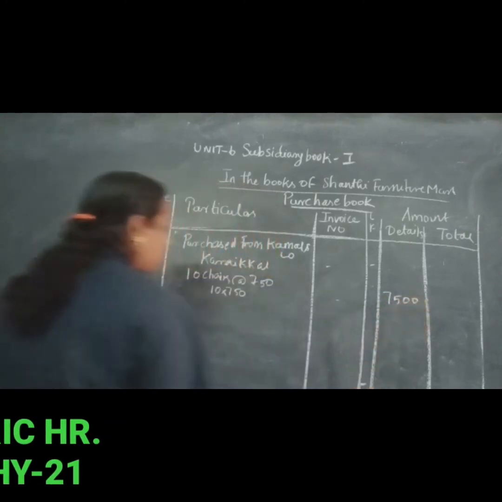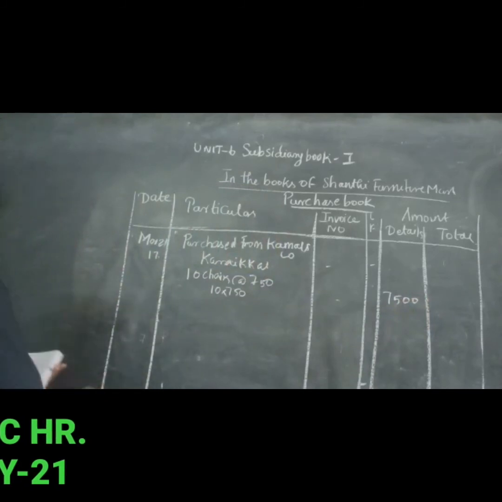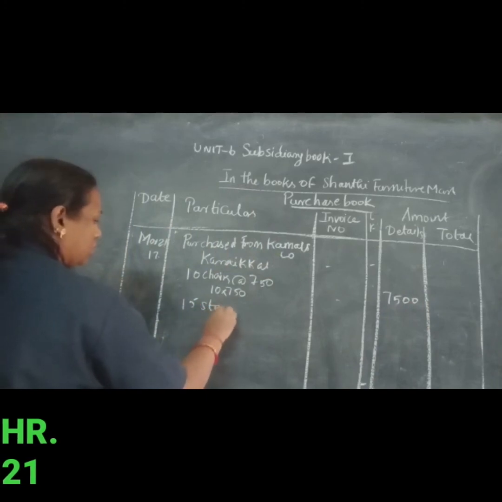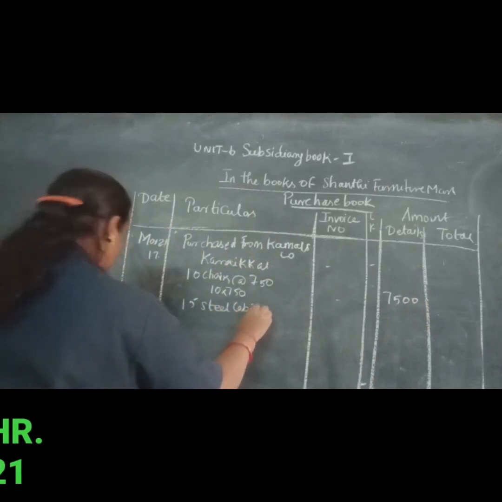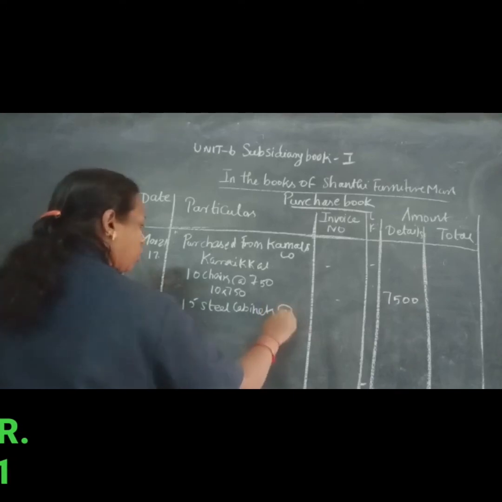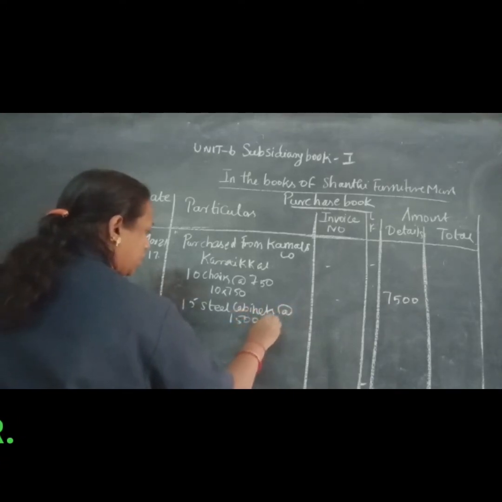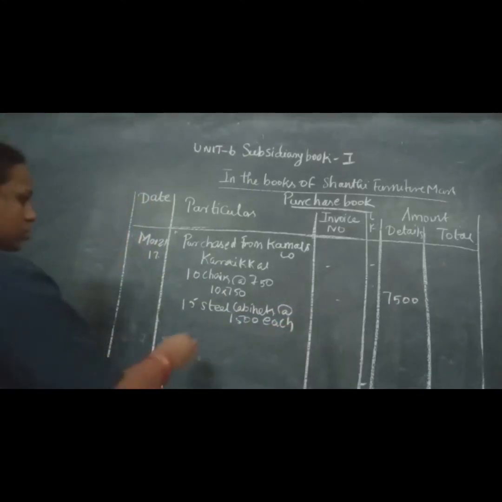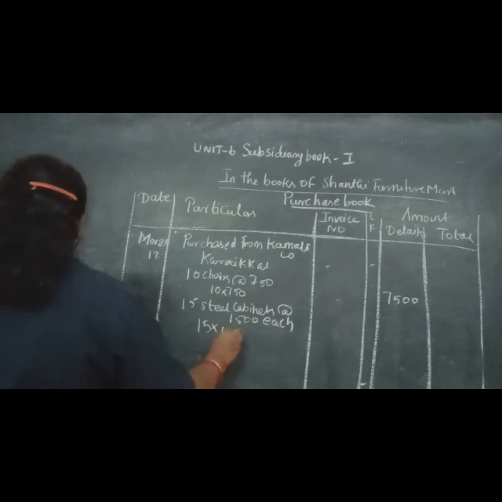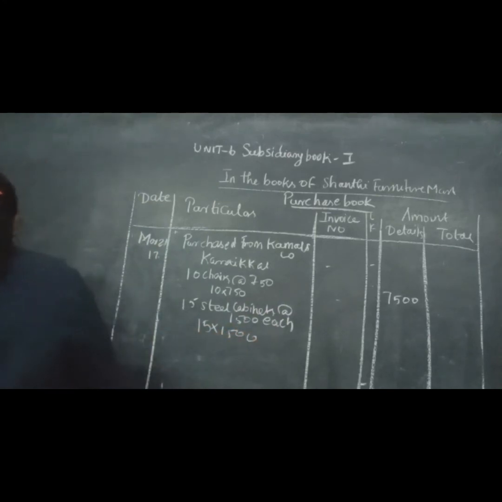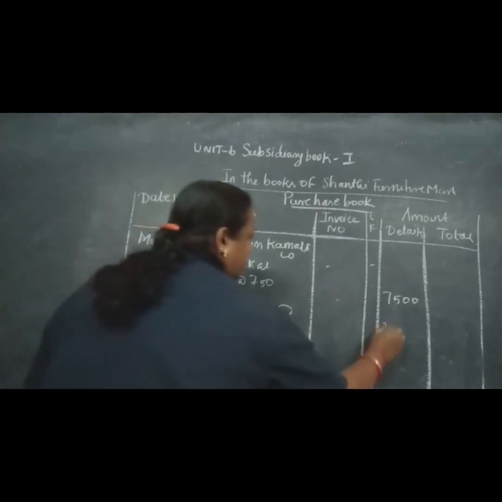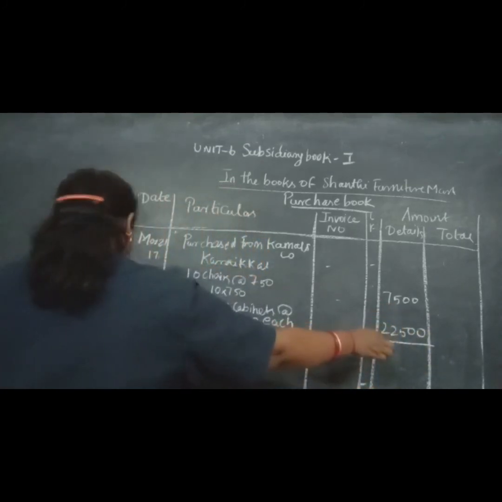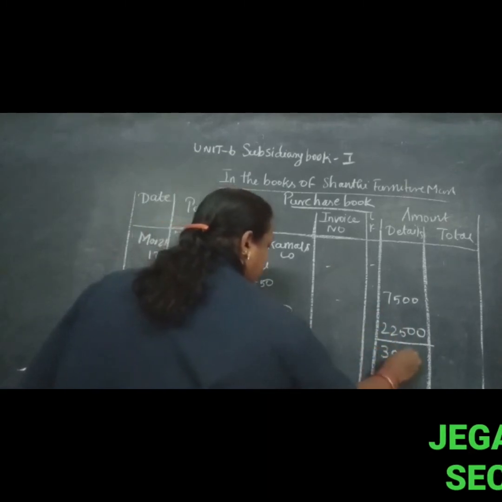The next, 15 steel cabinets at the rate of 1500 each. So 15 into 1500, answer 22,500. So 7,500 plus 22,500, total 30,000.